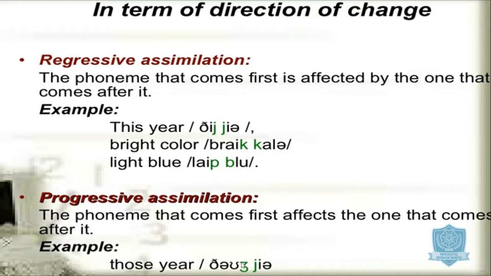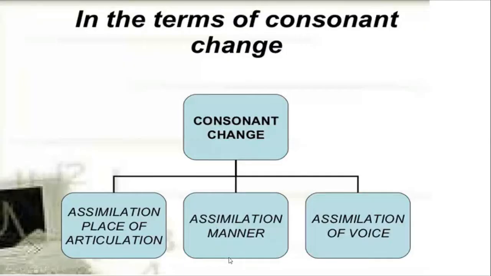This one changes because this one affects this one. In terms of consonant change, there are three types: assimilation of place of articulation, assimilation of manner, and assimilation of voice.